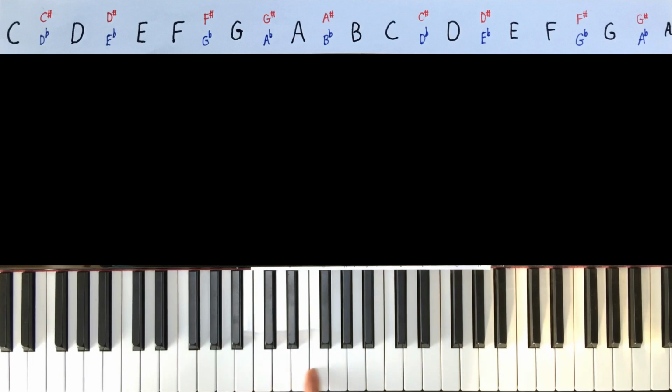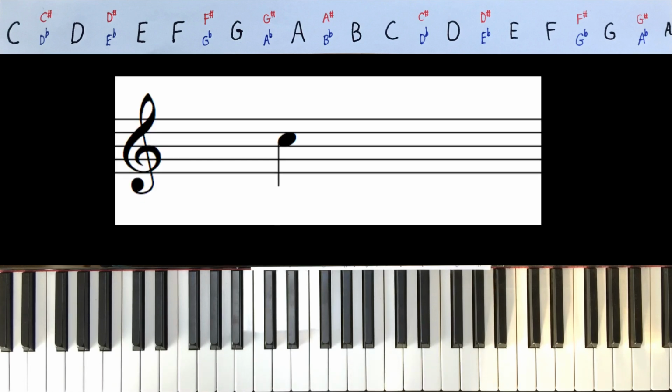Now if I look to the next C, as you can see on your page, on the stave above, that C is now the 3rd space up on your stave. If we look at the other spaces, this is a good way of memorising where the notes are. We have the C here.